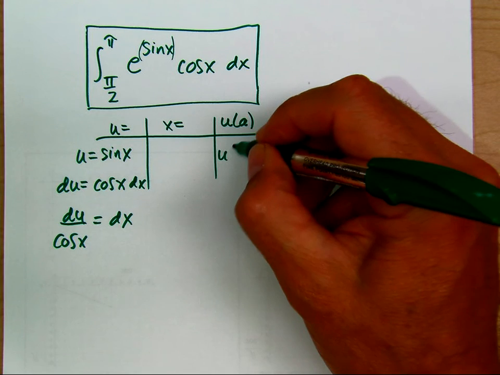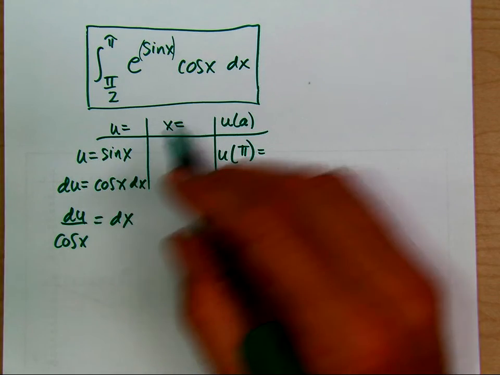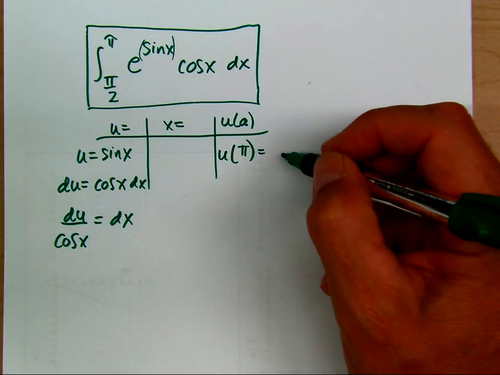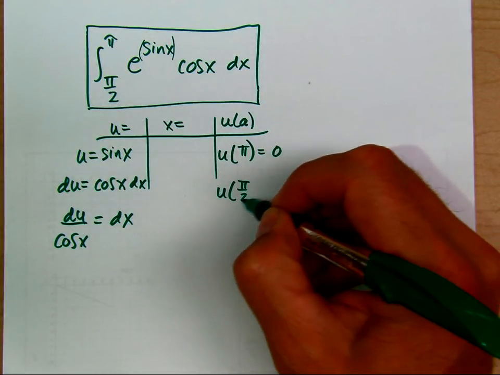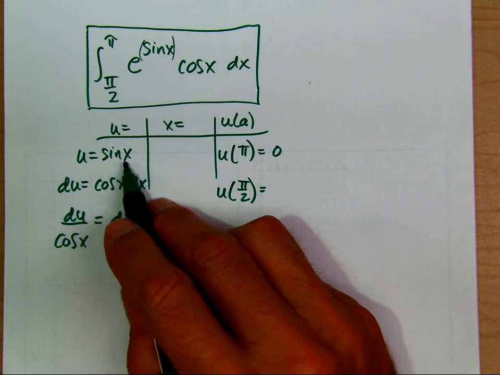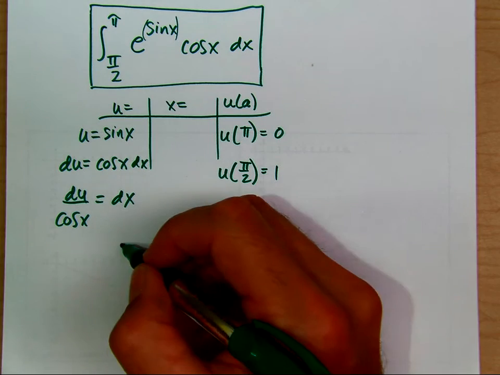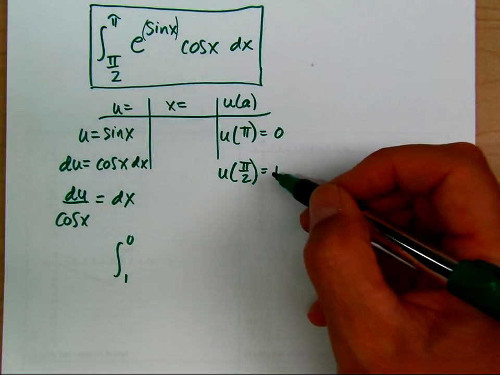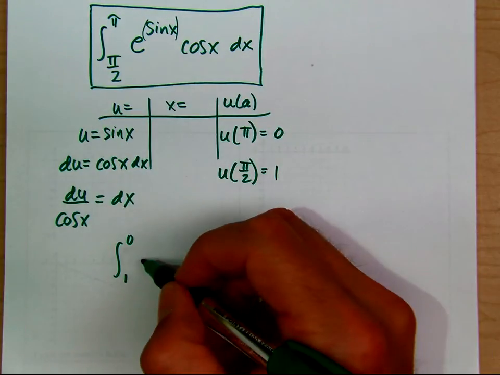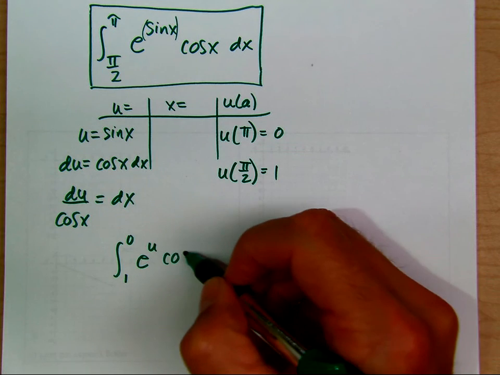U evaluated at pi, so we put a pi here. Sine of pi is 0. U evaluated at pi over 2. Sine of pi over 2 is 1. Now we're going from 1 to 0, and it's e to the u. Cosine didn't cancel yet.